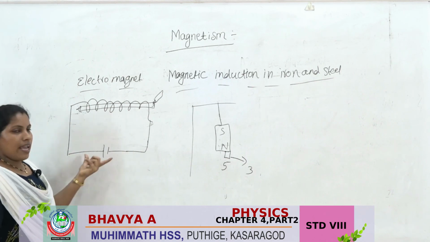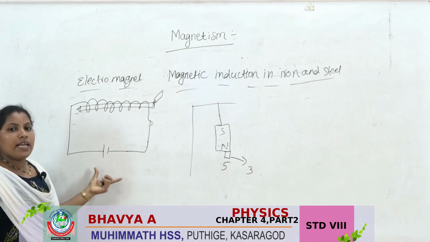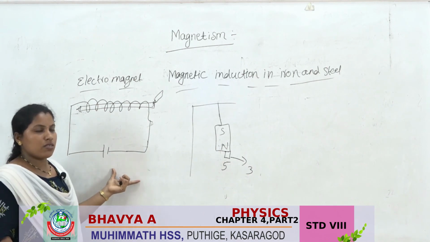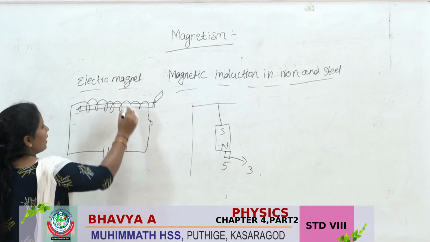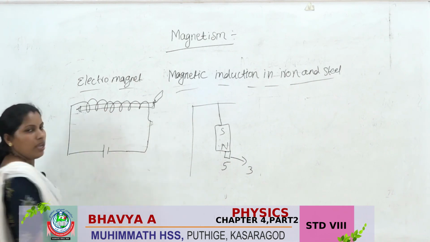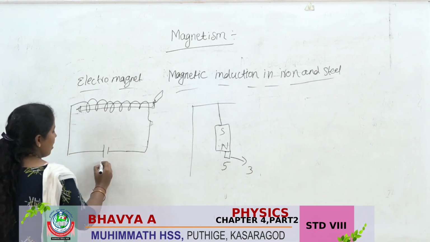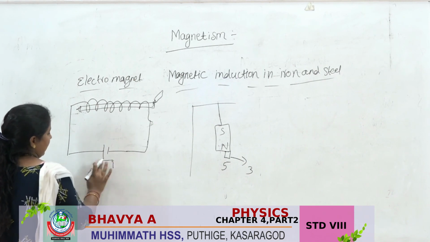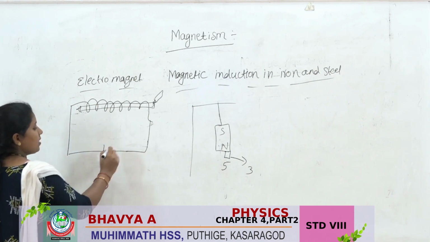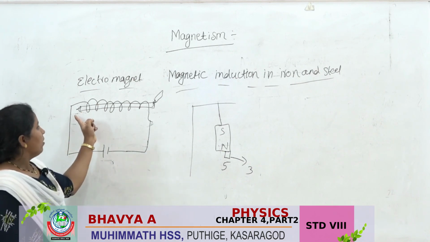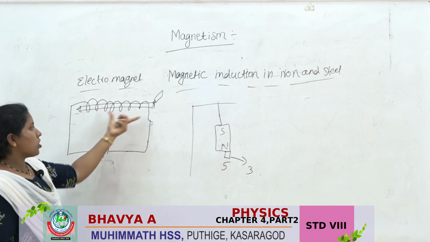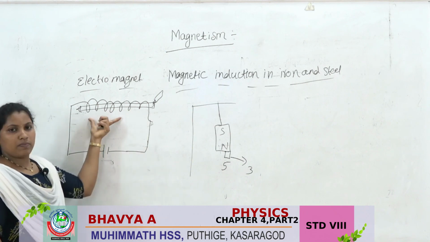This experiment is repeated by increasing the number of turns of the wire coil. You should use a strong battery, or increase the number of batteries, and insert an iron piece of larger cross-section area.